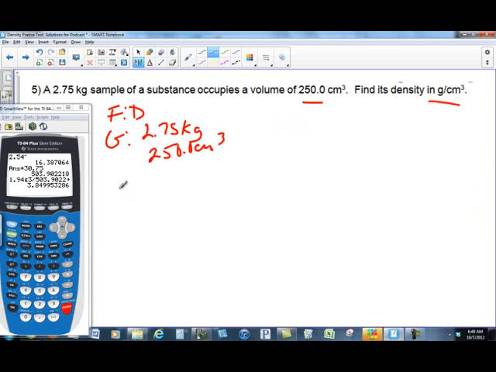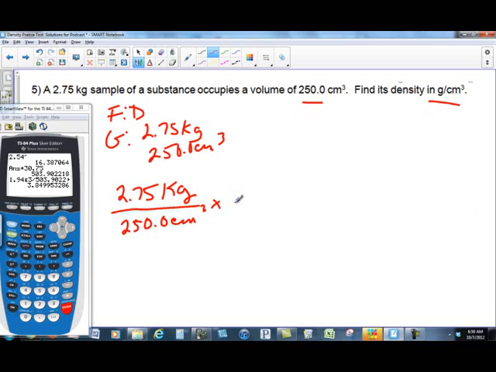So I'm just going to start with my given 2.75 kilograms, and I have 2.75 kilograms for every 250 centimeters cubed. This is really what I'm given: kilograms per 250 centimeters cubed.